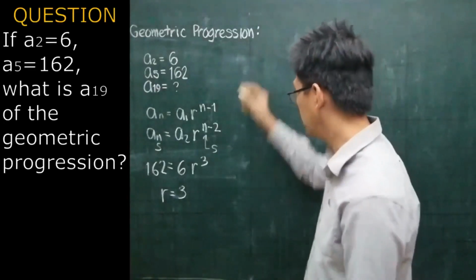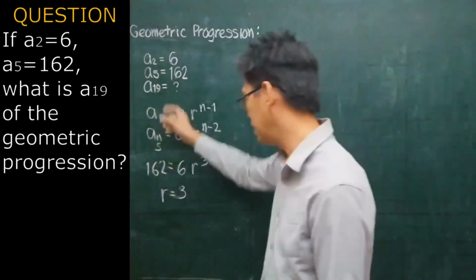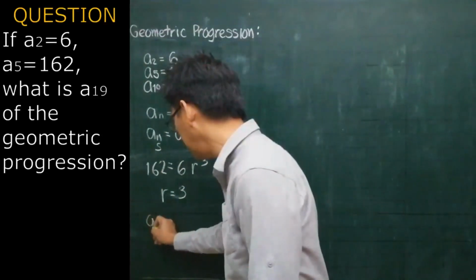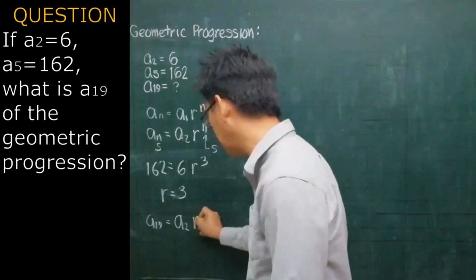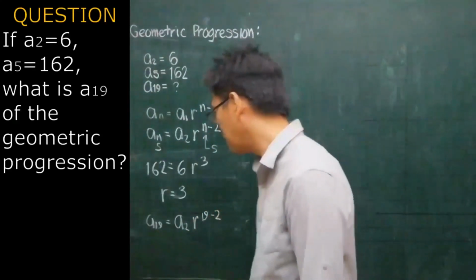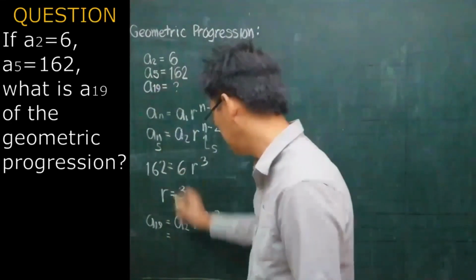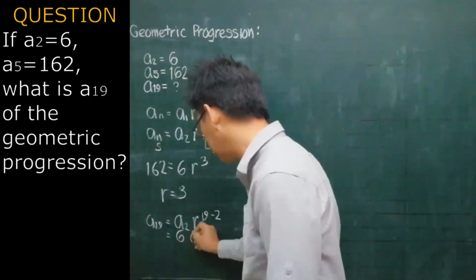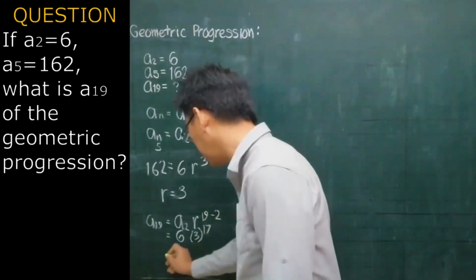Okay? Now, knowing R, we are ready to solve our A19. Our A19 equals A2 R to the 19 minus 2. So, our A19 therefore is equal to A2, 6, times 3 to the 19 minus 2, 17.